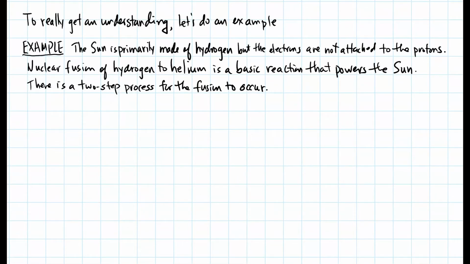To really get an understanding of nuclear fusion, let's look at an example. The sun is primarily made of hydrogen, but the electrons are not attached to the protons. Nuclear fusion of hydrogen to helium is a basic reaction that powers the sun. This is a two-step process for the fusion to occur.